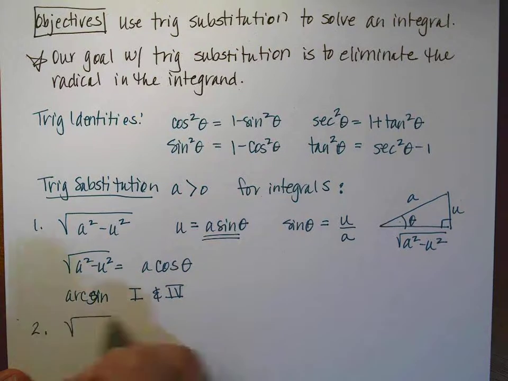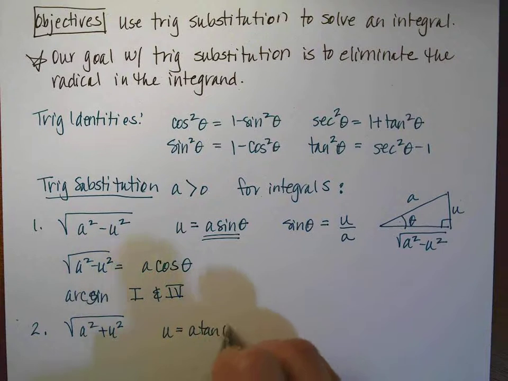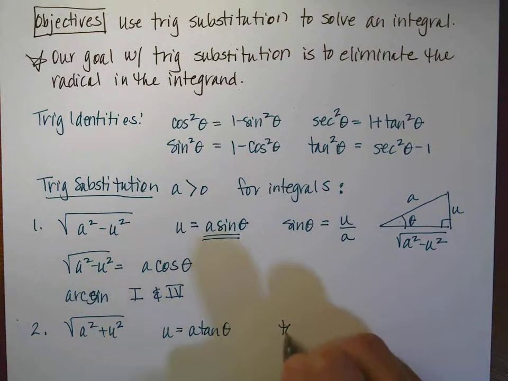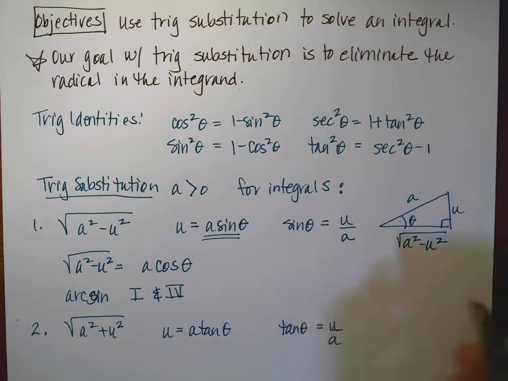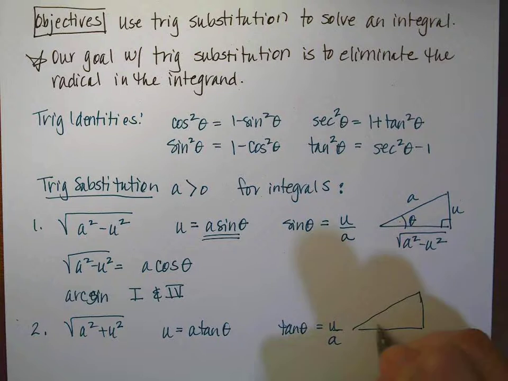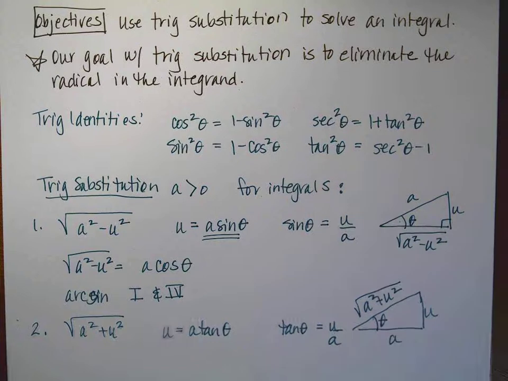The second rule is a squared plus u squared, and we're going to let u equal a tangent theta, so that if I solve, the tangent of theta is u divided by a. Again, I draw my little right triangle. Here's my theta. Tangent is y over x, and my hypotenuse would be the square root of a squared plus u squared.